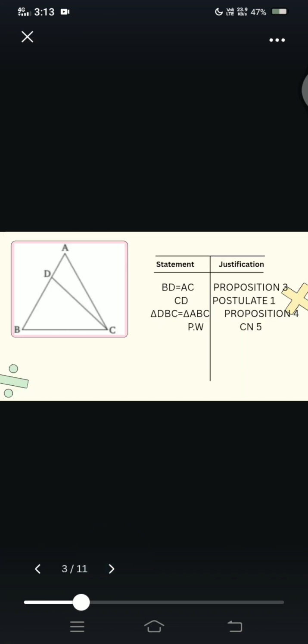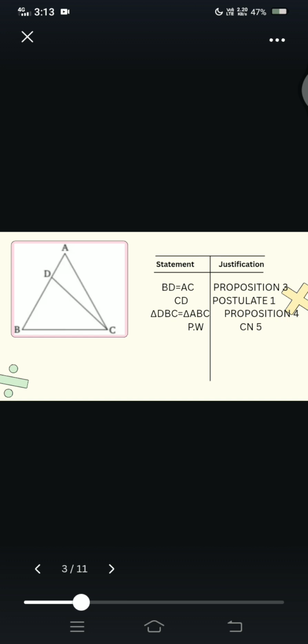As you can see, we have angle ABC and angle ACB, and it is given that angle ABC and angle ACB are equal to each other. What the proposition is trying to prove is that side AB is equal to side AC.